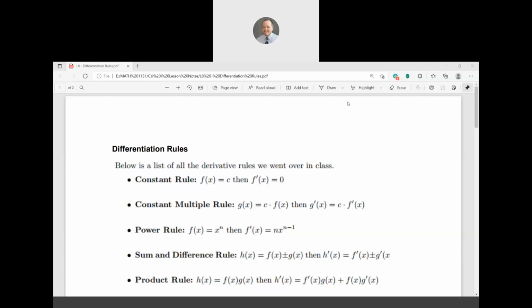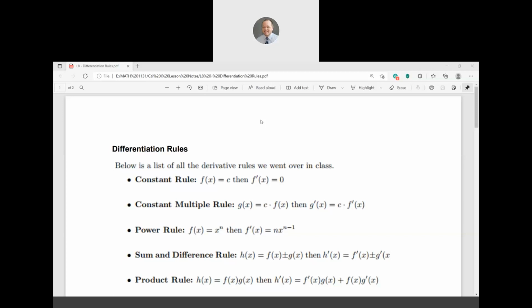And we used part of the limit definition, that difference quotient. Well, today I want to show you some shortcuts on how to find derivatives and also introduce you to the main rules that you'll be using to find derivatives.